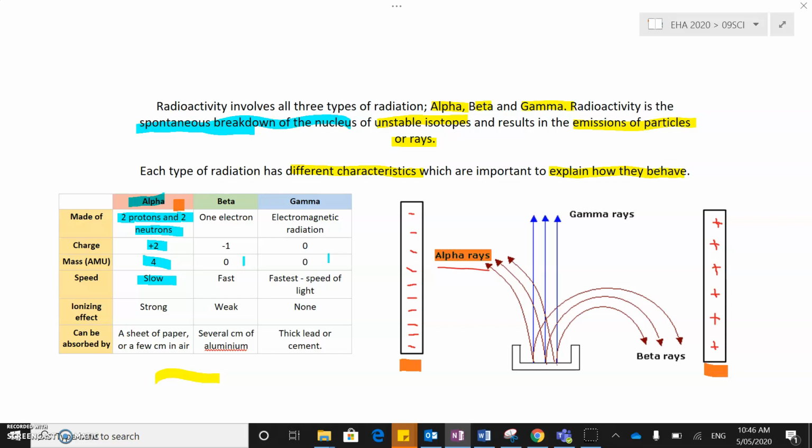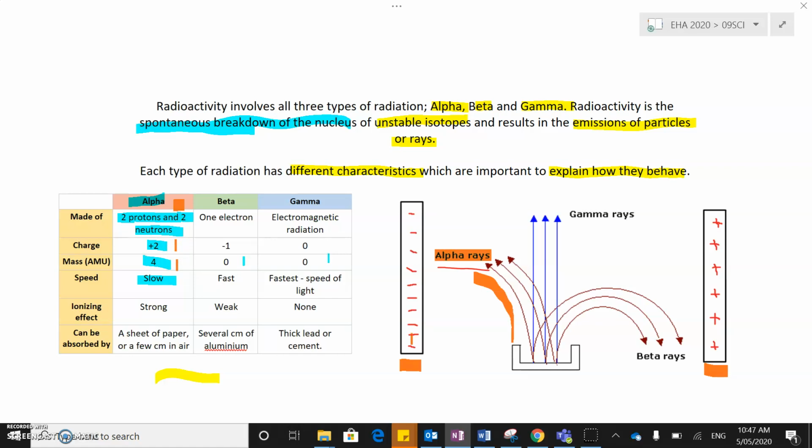Our alpha rays are quite heavy, so we know they've got an atomic mass unit of 4. As they're moving away from this radiation source, firstly, you can see that they're heading over to the left-hand side. They're heading over to this negatively charged magnet. That's because they are positively charged. They've got a positive charge of 2.